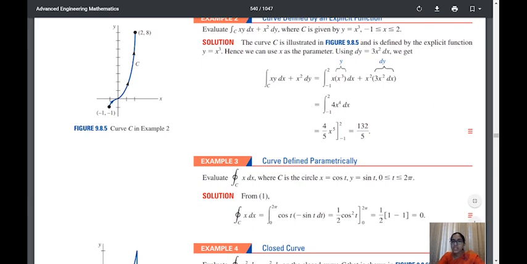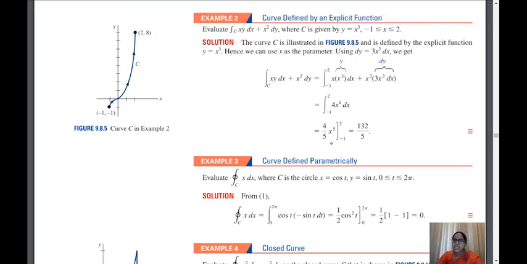If y is x cube, what will be dy? Dy will be 3x square dx. So we'll replace dy by 3x square dx, and since this is the same dx, you can add them because it is x raised to 4 and 3x raised to 4. So altogether we get 4x raised to 4 dx, and we just have to integrate it.